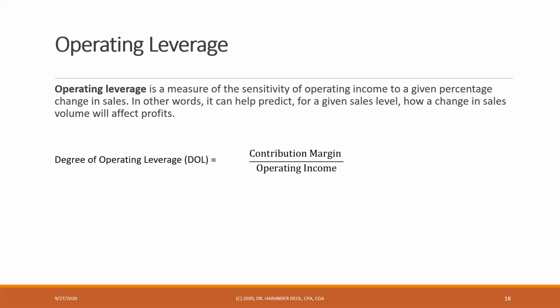To find our degree of operating leverage, we take our total contribution margin and divide that by our operating income. Our degree of operating leverage multiplied by your percent change in sales will give you percent change in operating income.